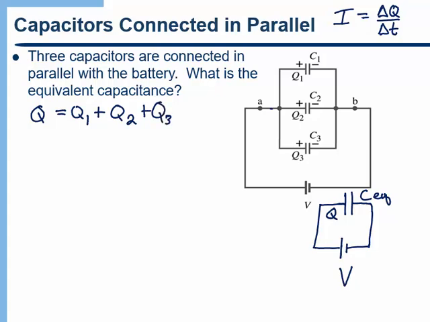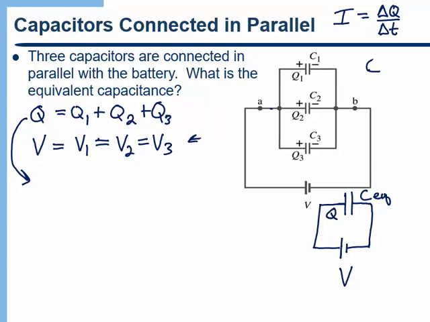We also know that for anything in parallel, the voltage across each of our capacitors is going to be equal to the voltage that the battery is putting out. And so what we're going to do now is take this formula, as well as using this one, and come up with a rule for how capacitors add in parallel.